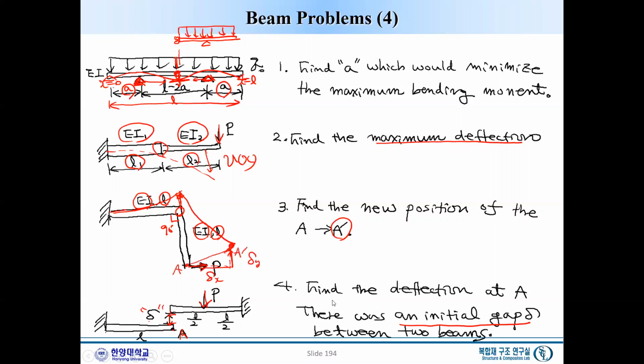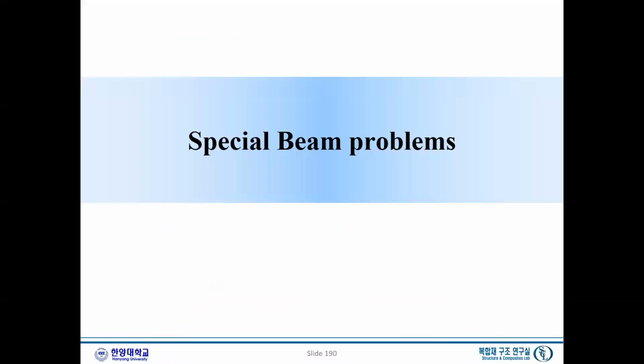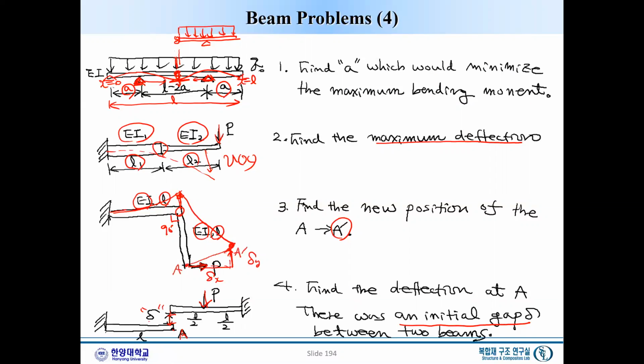Okay, that's the last problem we can think of. As I mentioned, we covered several interesting beam problems, and these four cases we will discuss in class. Sometimes we use the Macaulay equation to get the deflection, but sometimes we just use the beam moment and curvature relations.